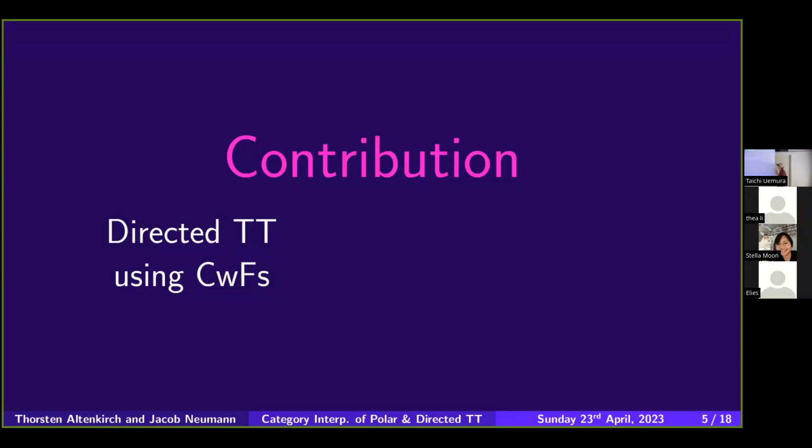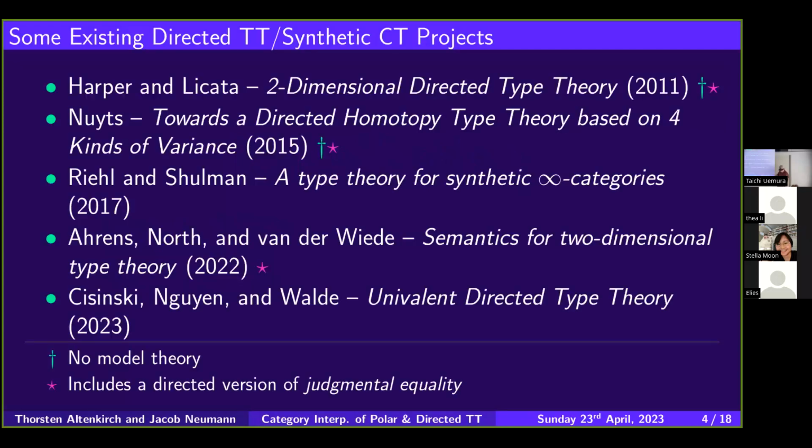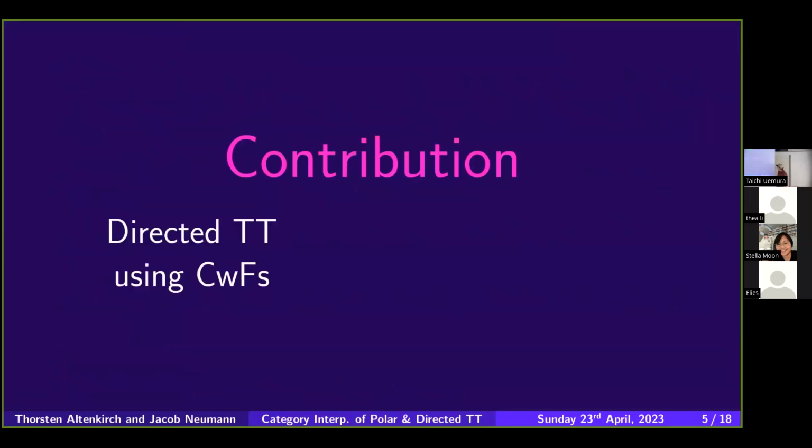I'm not aware of a theory of directed type theory that makes essential use of them. So that's one thing that can be added. Some of these other ones I listed don't have a model theory, some are based on other kinds of model theories like contextual categories or tribes or various things like that. But I want to do CWFs.